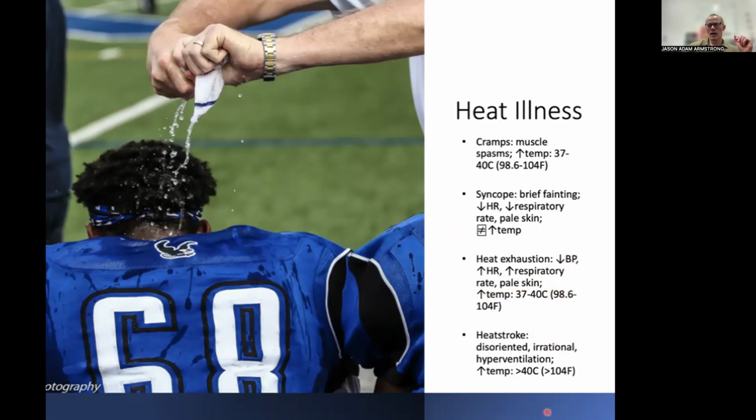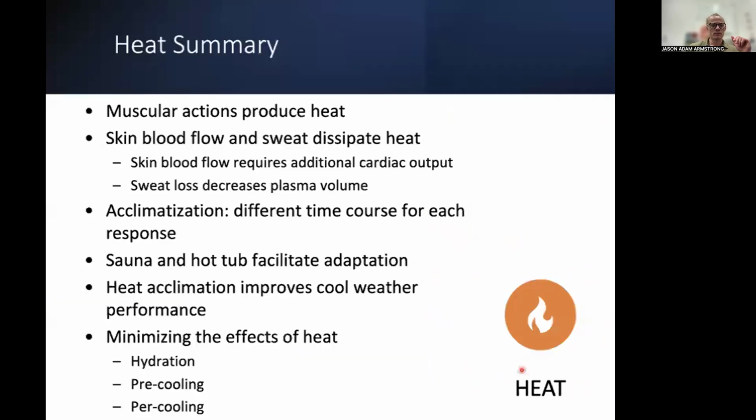And then heat stroke happening above about 104 with disorientation, someone behaving sort of irrationally, definitely some hyperventilation happening here. So this may help you identify these heat illnesses in someone you're working with. And there is a question about that on your post-class engagement as well.